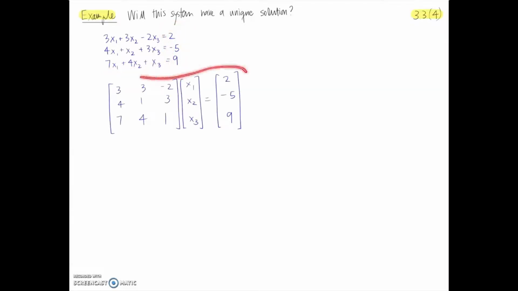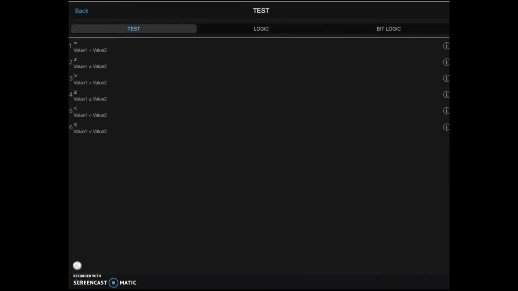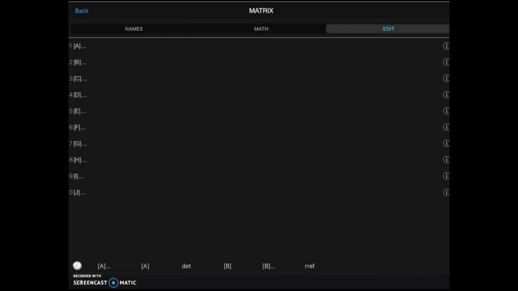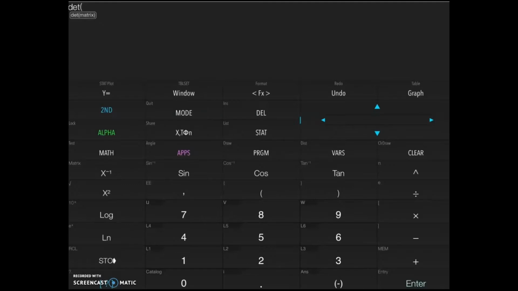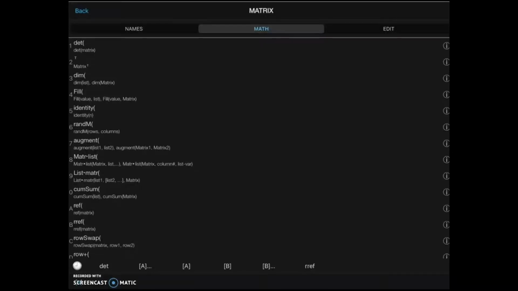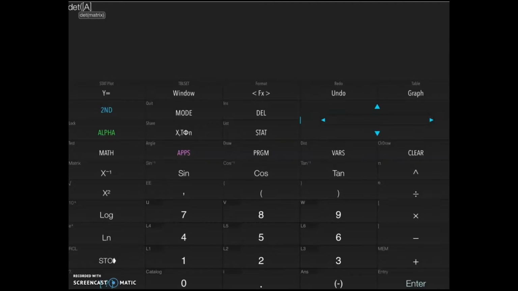So here's the system written in matrix form, and all I have to look at is whether the determinant of this is non-zero, and I'm going to use my calculator to find the determinant. I've entered that coefficient matrix, and so I'll get out of here, and then I go to the matrix menu, here's the determinant operation right up here, and then we'll go back and pick up that matrix A and find the determinant of it.